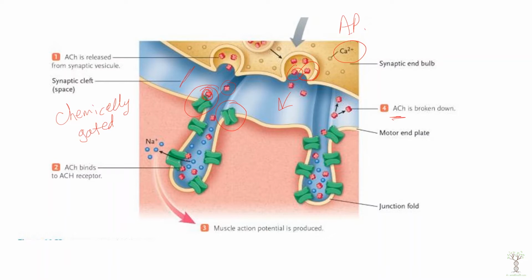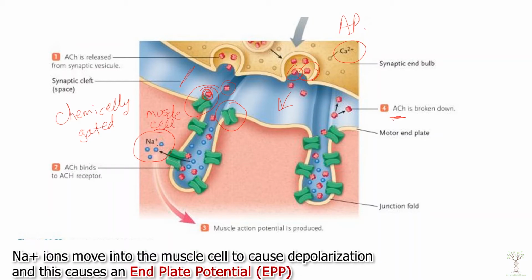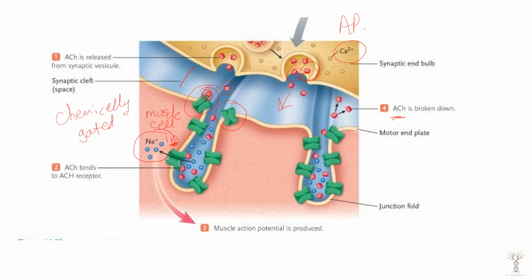When these ion channels open, they're going to allow sodium to move into the muscle cell. This pink part here is the muscle cell. So sodium is moving into the muscle cell. This dip in the membrane is showing the T-tubule. This is an extension of the muscle cell membrane that is dipping into the muscle cell.